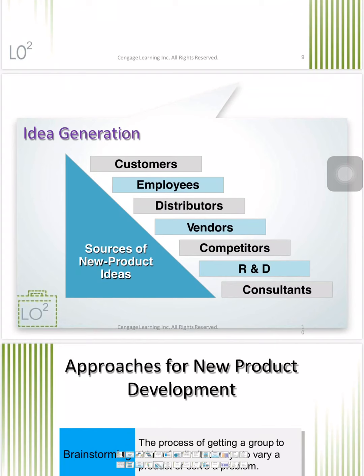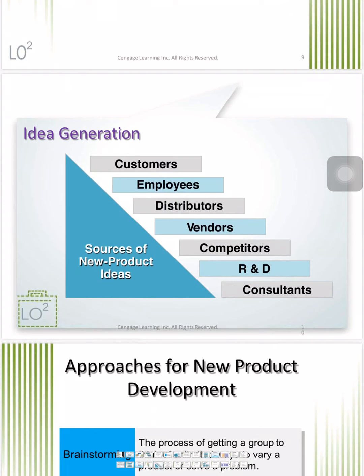And then distributors and vendors, they are the people who are always attached to the markets, they know the current market's demands, they know what is happening in the market, and so they also will help to generate the ideas. And competitors, yes, you will generate the ideas through the competitors.